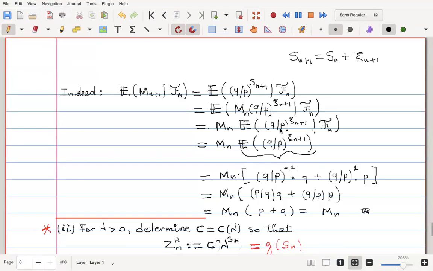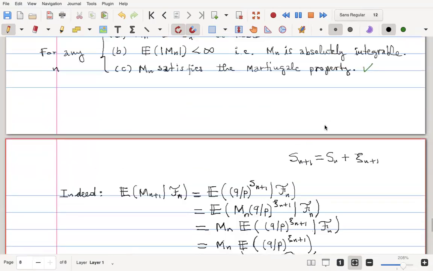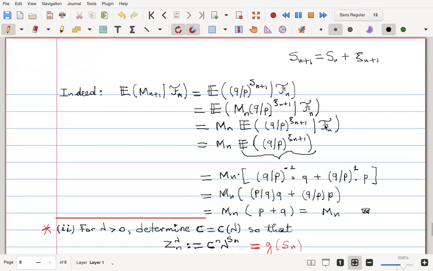This is a function of psi n plus 1. Psi n plus 1 is independent of Fn. I wrote it and I erased it, so you understand what I'm talking about.